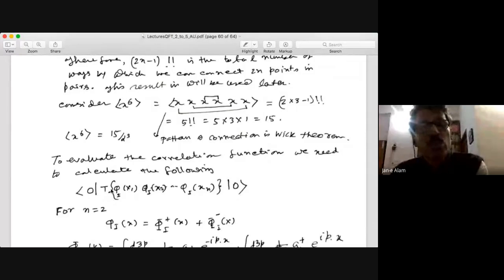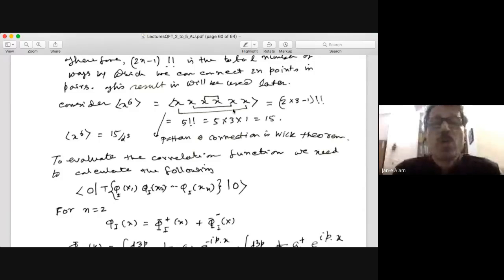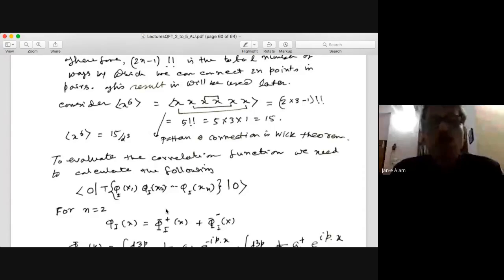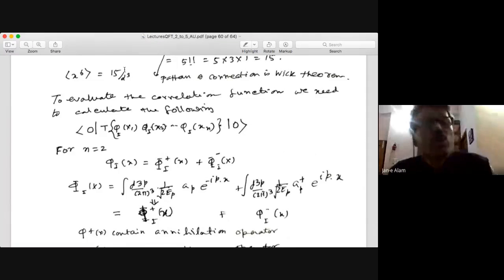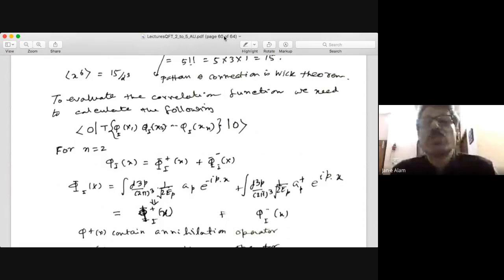So first thing, I should learn how to evaluate the time order operators, and this theorem will help me how to do that. So today I'll stop here. This is the right time, place actually to stop, and we'll continue tomorrow. And if you have any question, let me know.